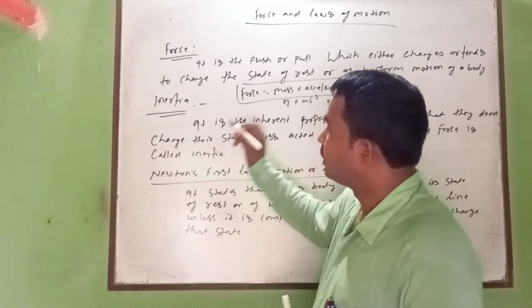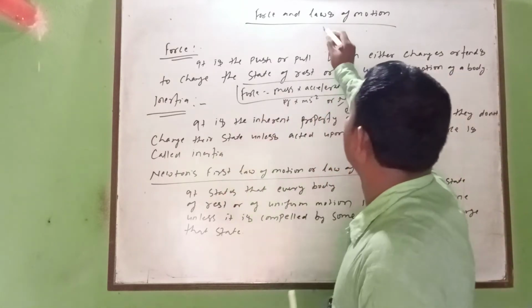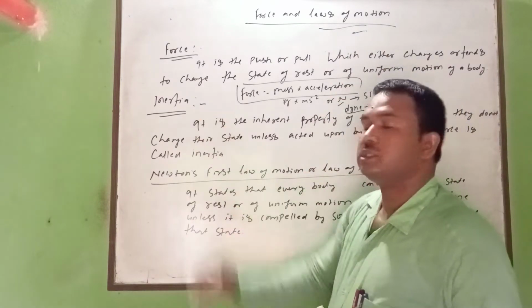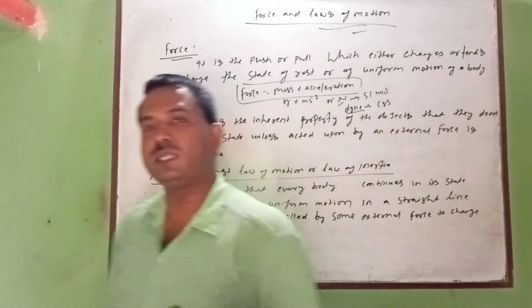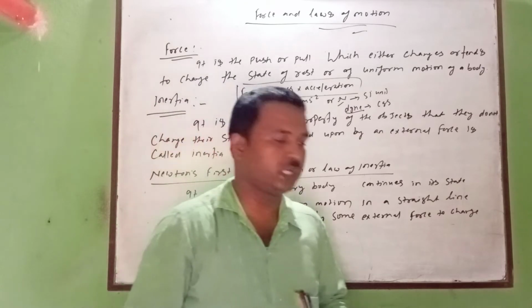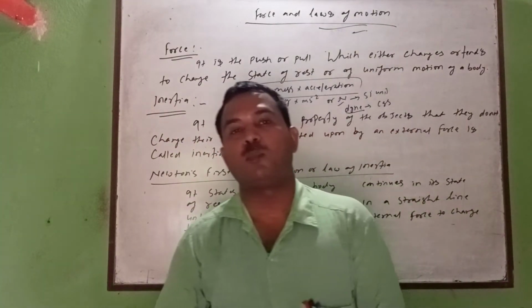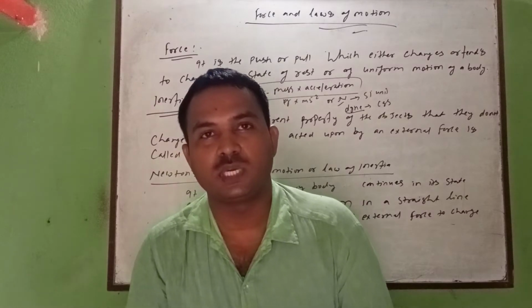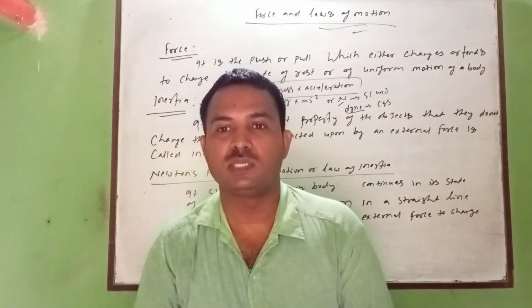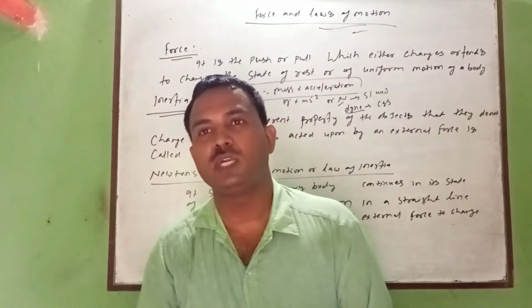Before knowing the laws of motion, there is inertia. Inertia is an inherent property of an object: if no external force is applied on any object, it cannot change and will stay in its own state.